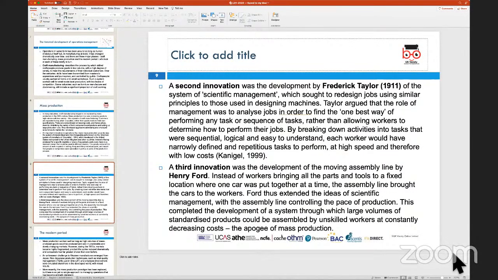Then we see the innovation being brought across by Henry Ford when he launched Ford Motors in 1898 or in the early 19th century. And one of the concepts that he employed in manufacturing cars was that he did not manufacture everything in one facility.